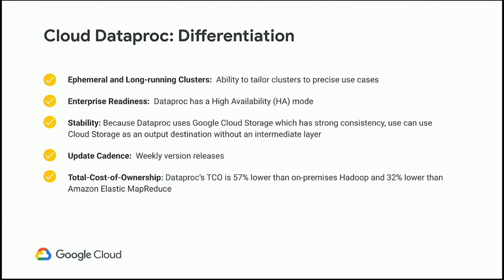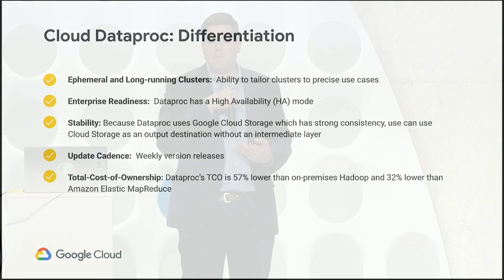But regardless of which model that you choose, Cloud Dataproc has some pretty big differentiation compared to other cloud providers and the competition here. So with our features like auto-scaling and workflow templates, we make it really easy to manage both ephemeral and long-running clusters.